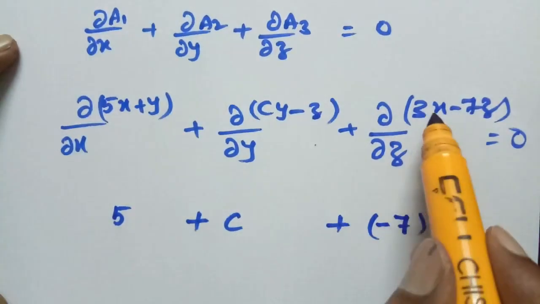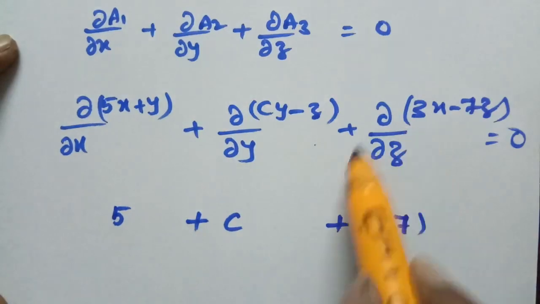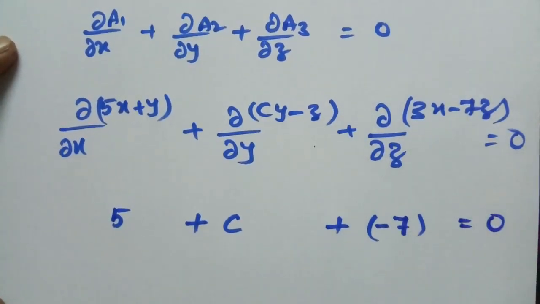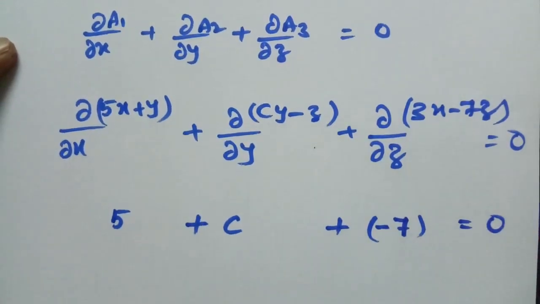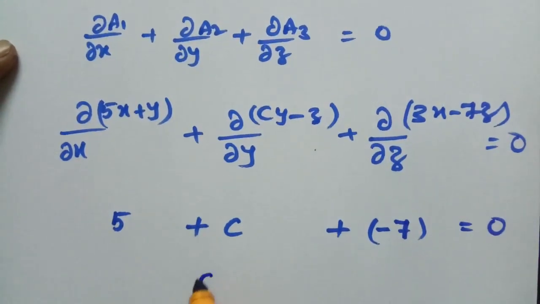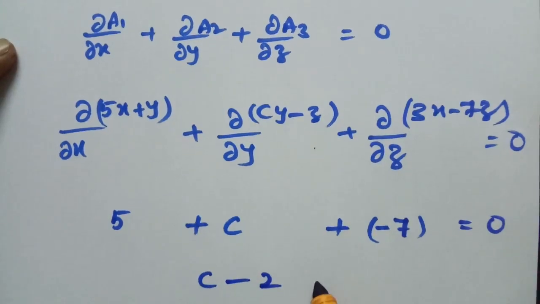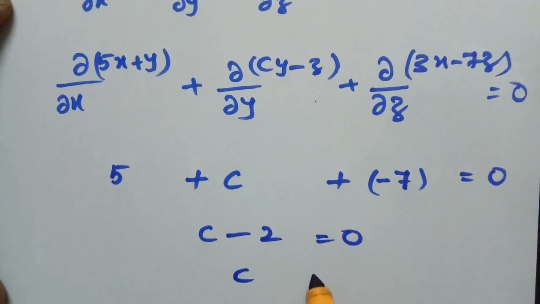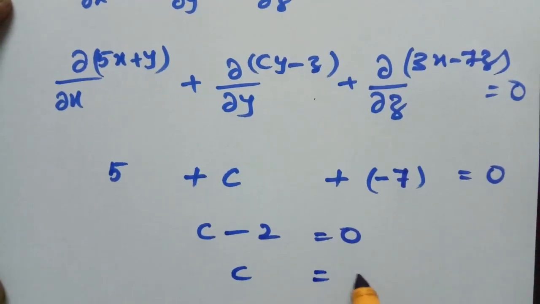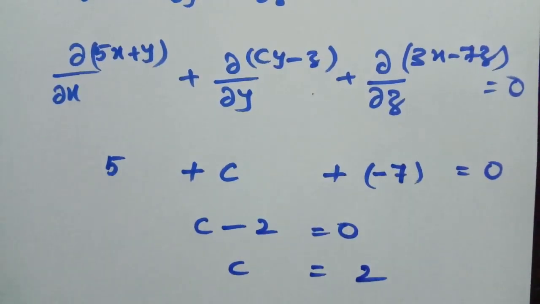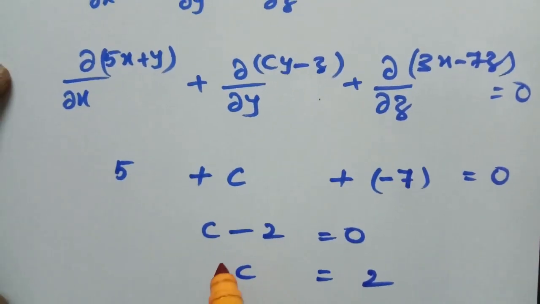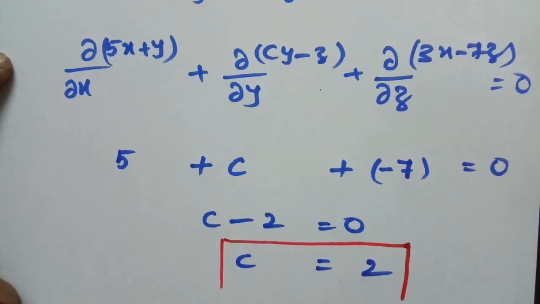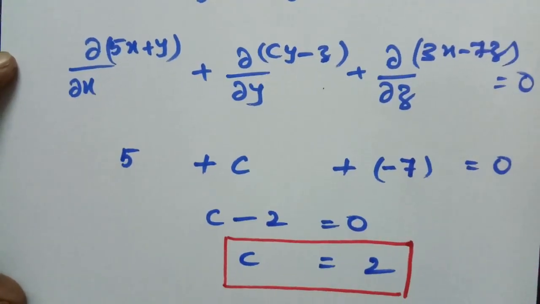Since 3x is a constant, when partially differentiating with respect to z this is equal to 0. Plus 5 minus 7, that is minus 2. C minus 2 is equal to 0. Therefore, C equal to 2. Therefore, this is the value of C such that the vector a bar is solenoidal.